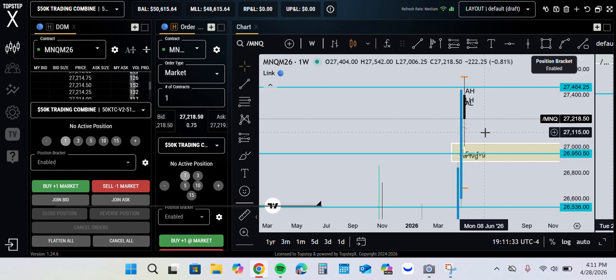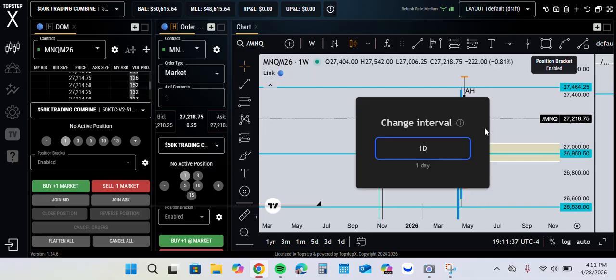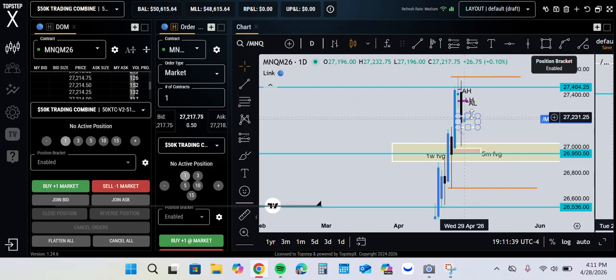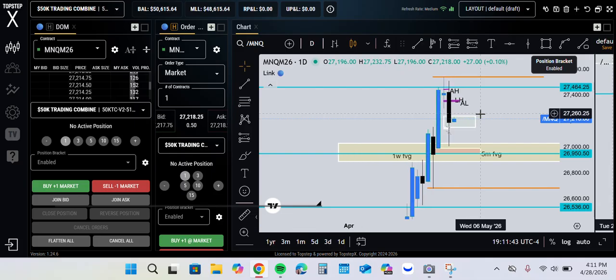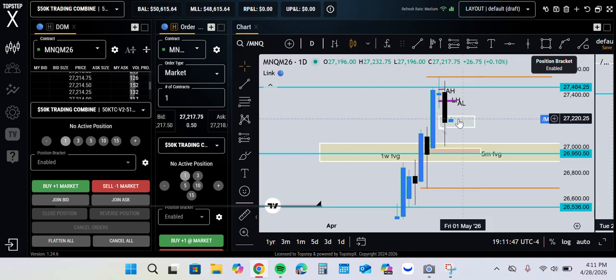The second thing I like to do is look at the previous day low and high. So I go onto the 1 day time interval. Our last day, which was the 27th, was this blue candle right here. Since the market already closed for today, a new candle is forming for tomorrow.